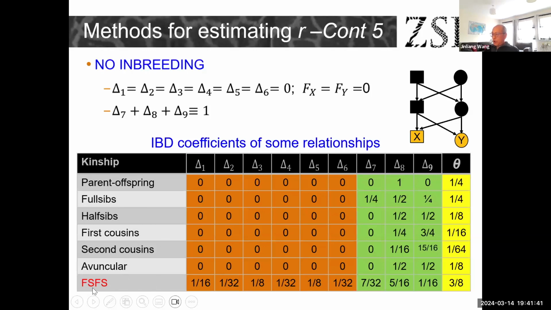For full-sibs whose parents are unrelated, shown in this pedigree, we have all 9 IBD coefficients possible, their inbreeding coefficient is 0, as I will show you later on, and their relatedness is 1/2 and their coancestry is 1/4.